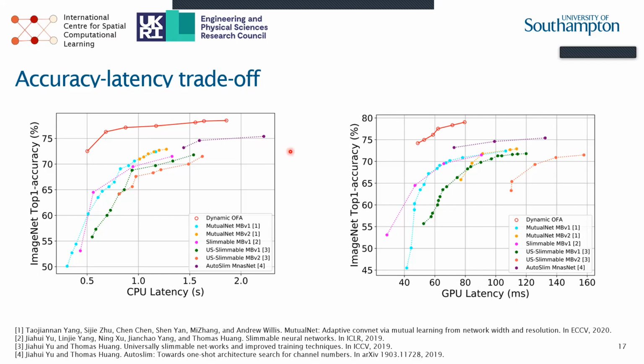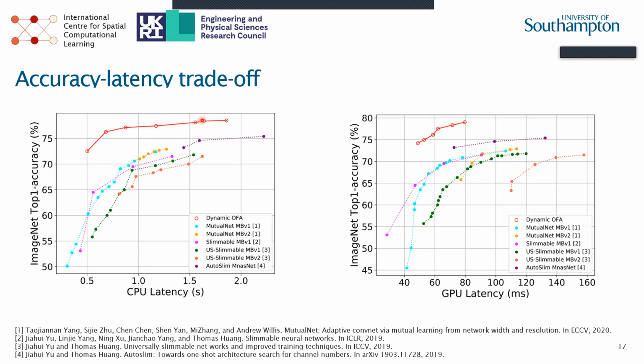I have a question here. On the plot on the left, how does the dynamic OFA compare to a model that's not dynamic at these latency targets? Sorry, the point is not showing here, but we do have it in our paper.